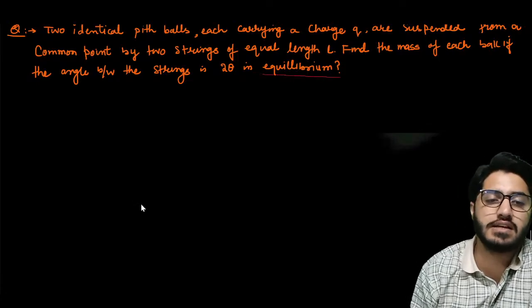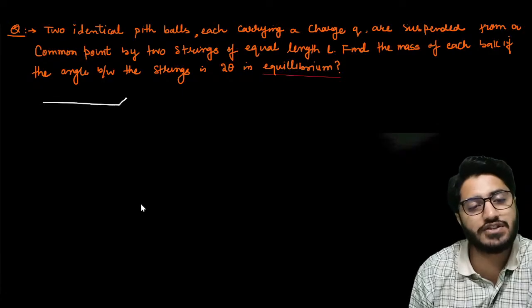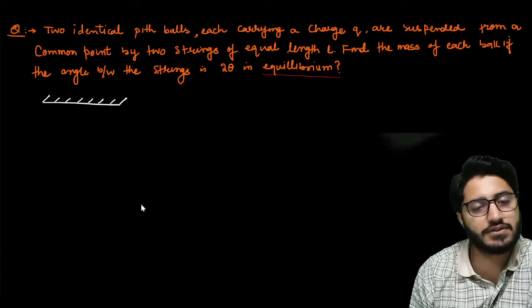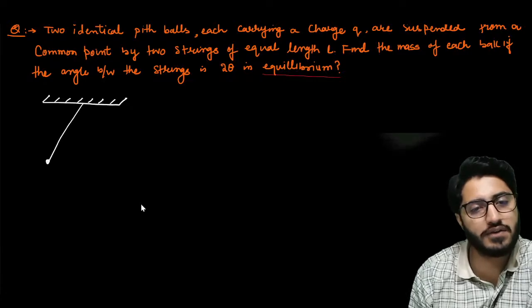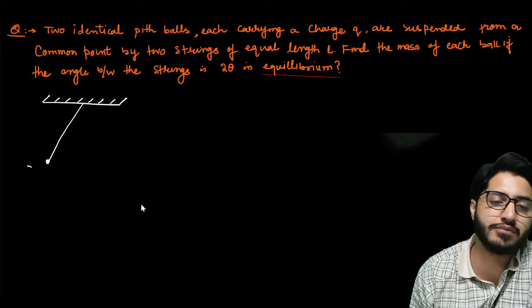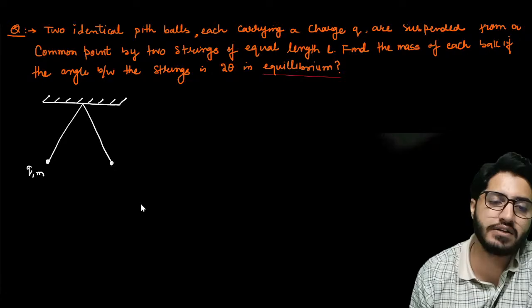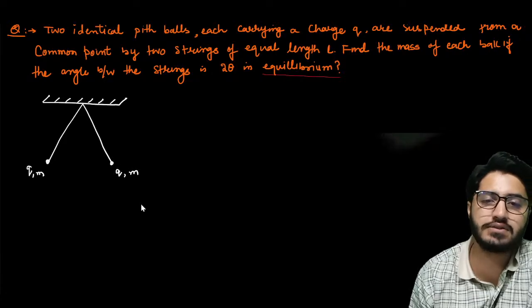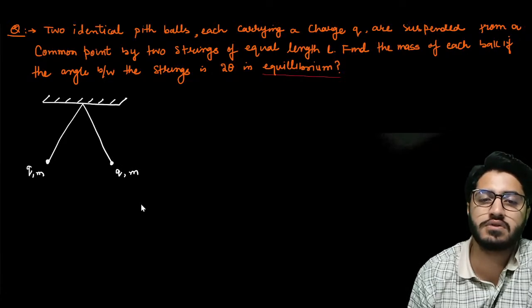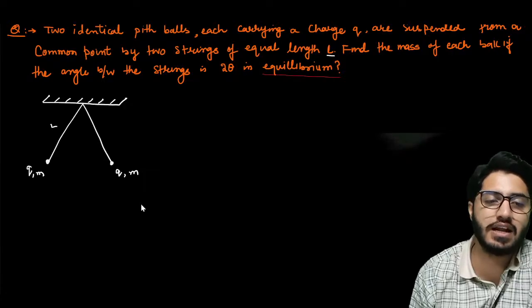It simply says that we have a condition like this. One pendulum here, two identical, that means Q charge, M mass. One here, Q charge, M mass. Length equal to L, so it is L length, L length. This angle is 2 theta. So if I break it, this angle is theta and this will be theta.